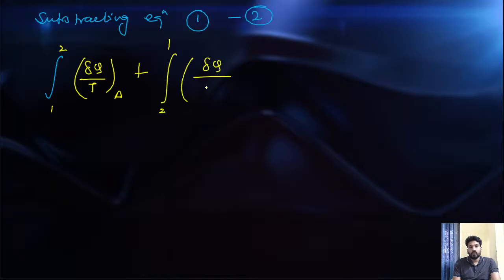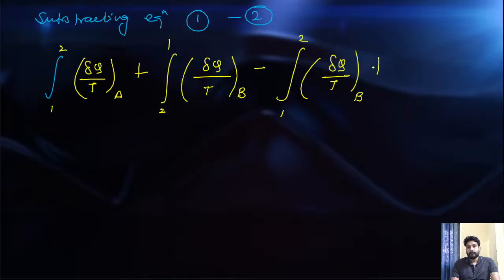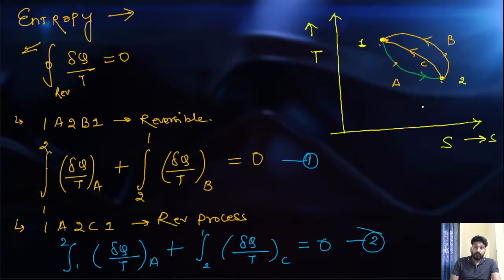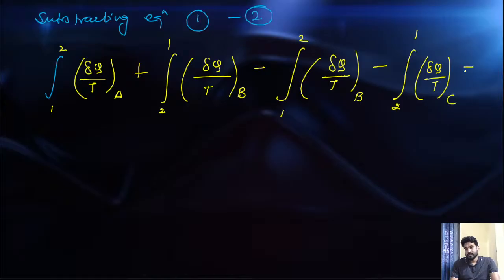From 1 to 2, del Q over T for A, plus from 2 to 1 del Q over T for B, minus the integration from 1 to 2 del Q over T for A, minus, after subtracting it becomes negative, from 2 to 1 del Q over T for the process C, is equal to 0.